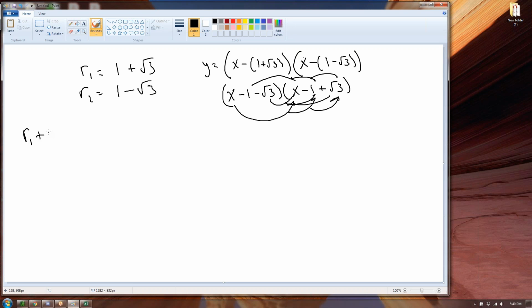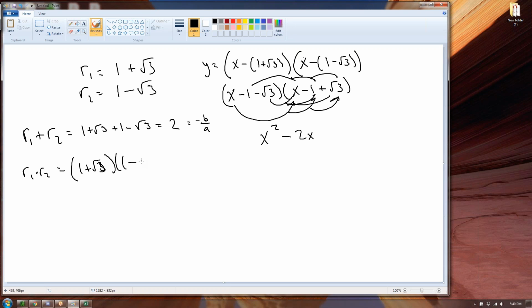What if we take root 1 and add it to root 2? If we took 1 plus root 3 and 1 minus root 3 and added them, oh, wow, that makes a nice 2. This number is negative b over a. So far, we could put x squared minus 2x. What if I took root 1 and multiplied by root 2? 1 plus root 3 and 1 minus root 3, they're conjugates.